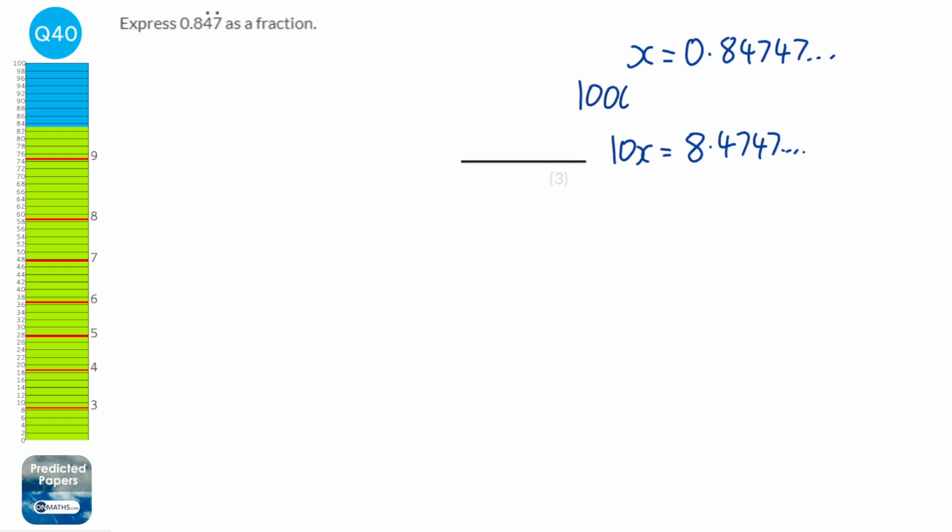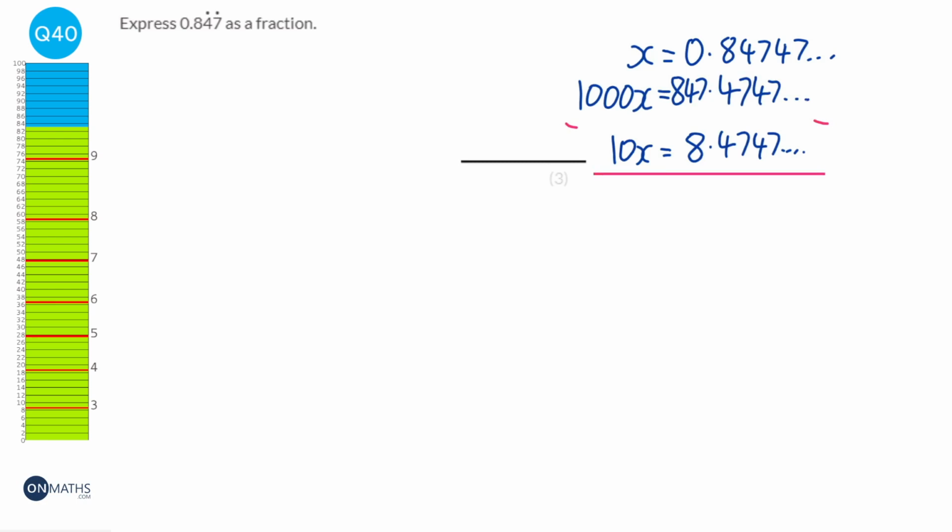So we're going to times it by 1,000. We'll find out 1,000x, and so it'd be 847.4747, etc., etc. Next, I'm going to take away everything. So 1000x take away 10x, and that's going to be 990x, and then 847.4747, etc. Take away 8.4747, etc. It's just going to be the same as 847 take away 8, because the recurring stuff will just cancel each other out.